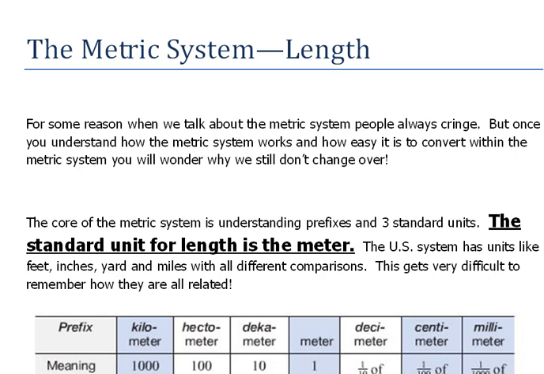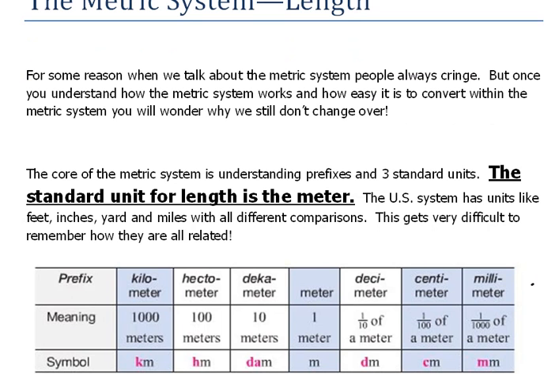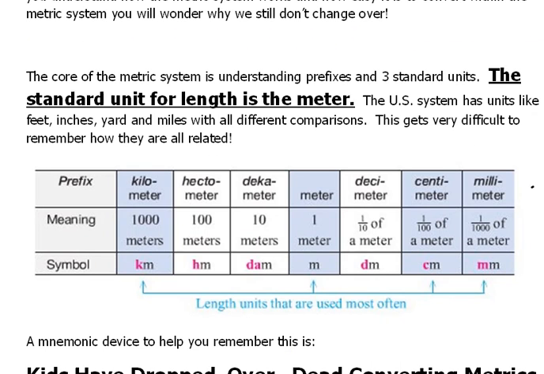Once you get the hang of it, you'll realize that we're really doing the exact same thing over and over again. Okay, first of all, you have to understand that there are three basic units in the metric system. We have the meter, which is used for length, and that's what we're going to be using in this section.